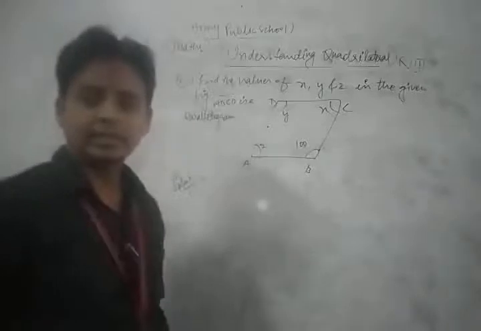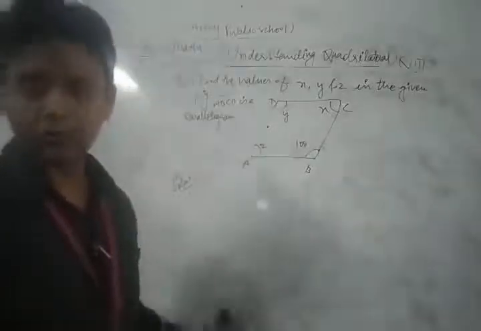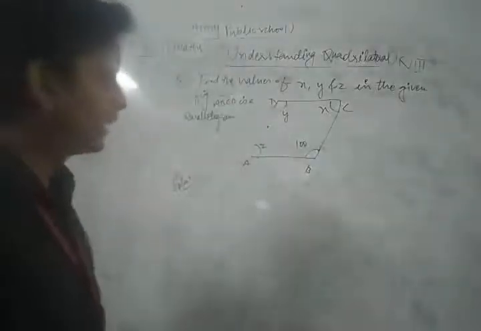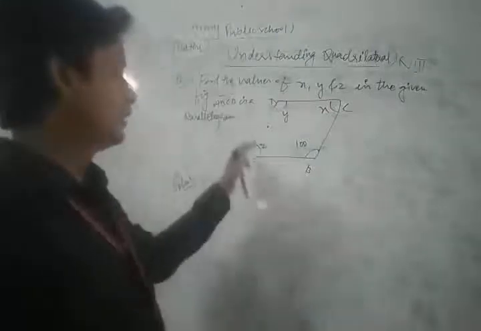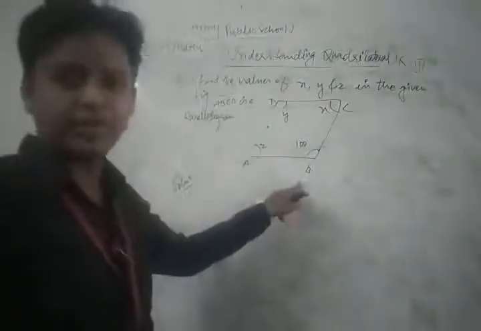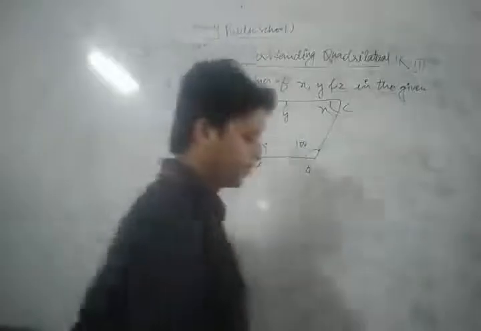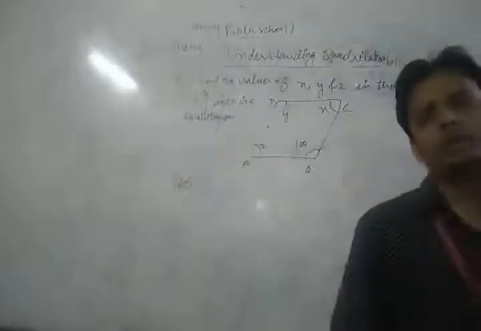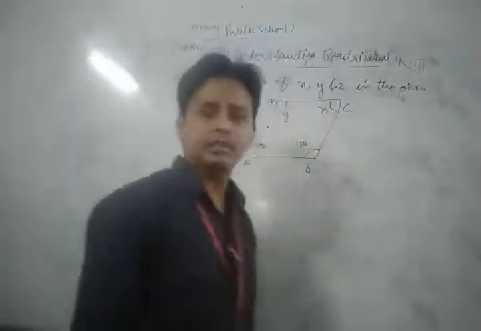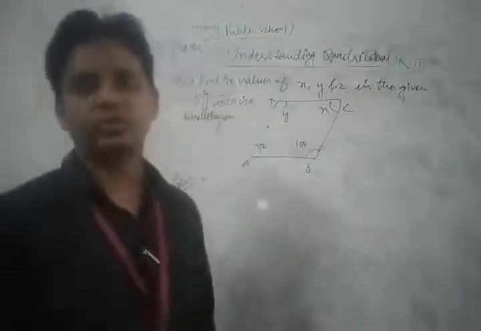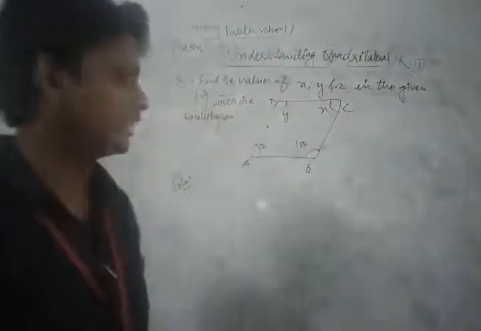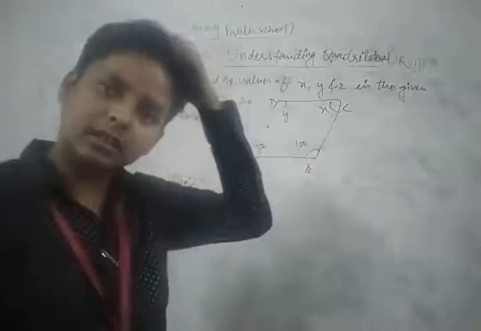Just before that, I discussed some important questions based on the topic parallelogram, and we know all the properties of the parallelogram. Here A, B are a pair of adjacent angles, and A, C and B, D are the pairs of opposite angles. And we know that the sum of adjacent angles is always equal to 180, and the pair of opposite angles are equal to each other.